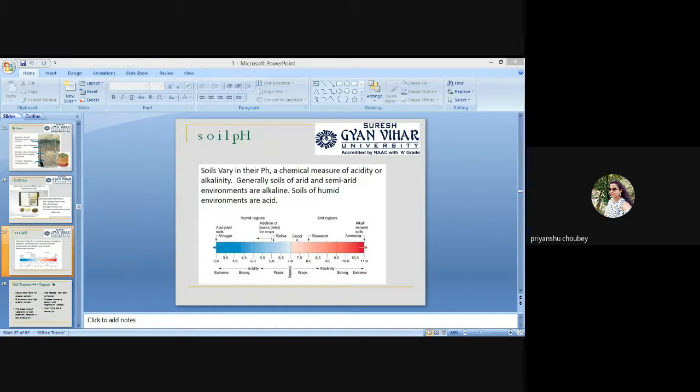Acid sulfate soils occur in coastal plains in Kerala on the west coast, the deltaic area of Sundarbans in West Bengal, and some pockets of Tamil Nadu.